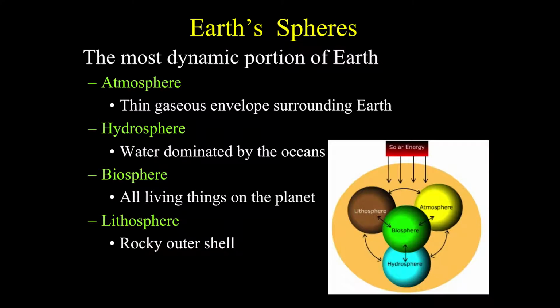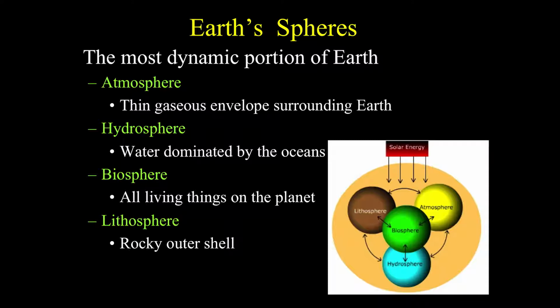We generally divide the Earth into 4 spheres. 1, the atmosphere. 2, the hydrosphere. 3, the biosphere. And 4, the lithosphere. The atmosphere is a thin gaseous envelope surrounding Earth. The hydrosphere is water, primarily the oceans.